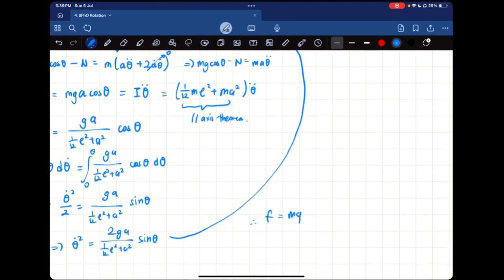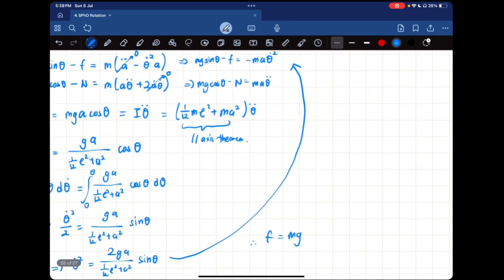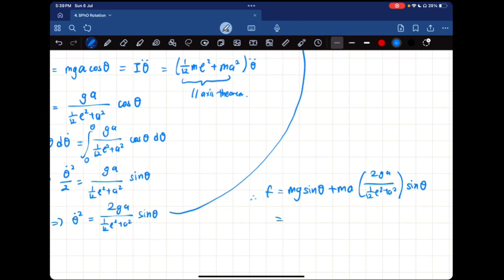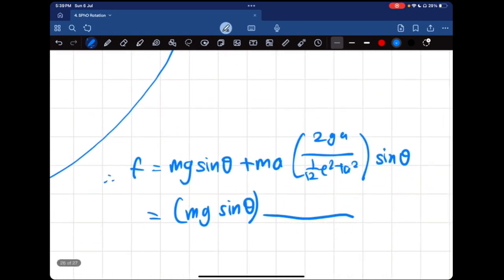f equals mg sine theta plus ma 2ga (1/12 L² + a²) sine theta equals mg sine theta. We can take out the mg sine theta.